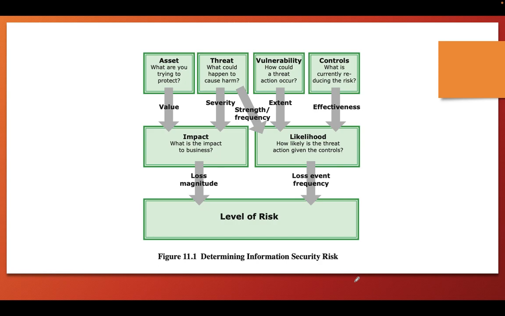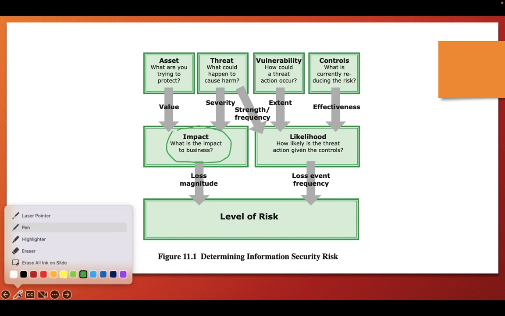Both of them lead to the impact. You have an asset, there's a threat, then we have to look at what impact this threat has on the asset. So we have what we call the impact analysis. Impact is how this will affect the business.